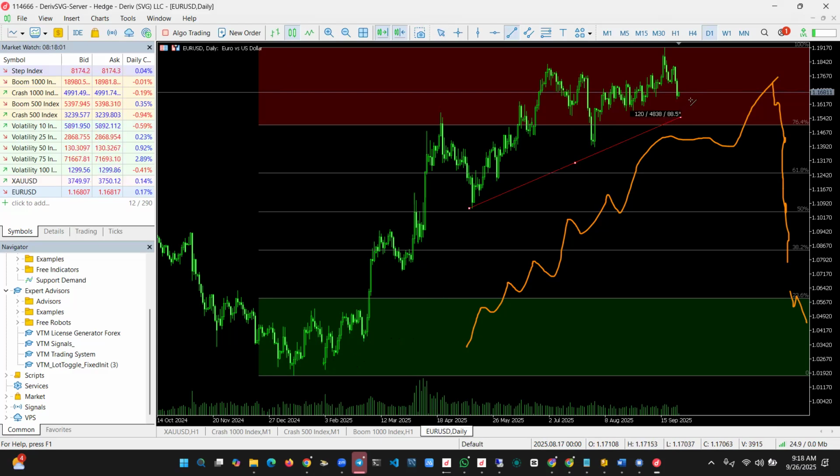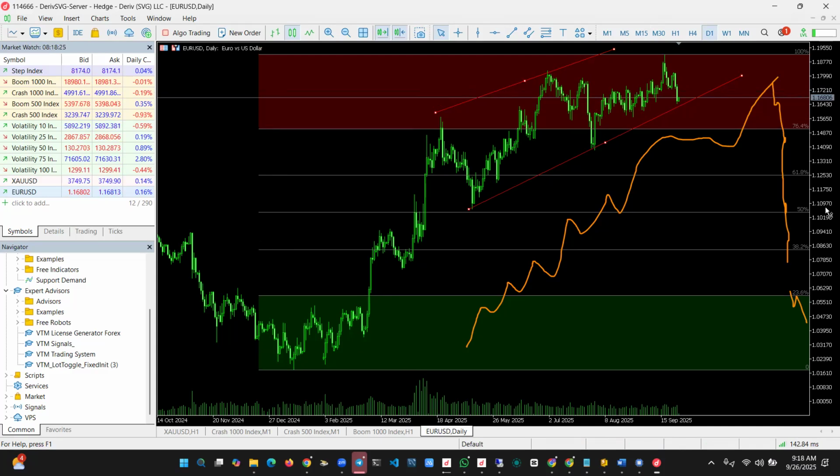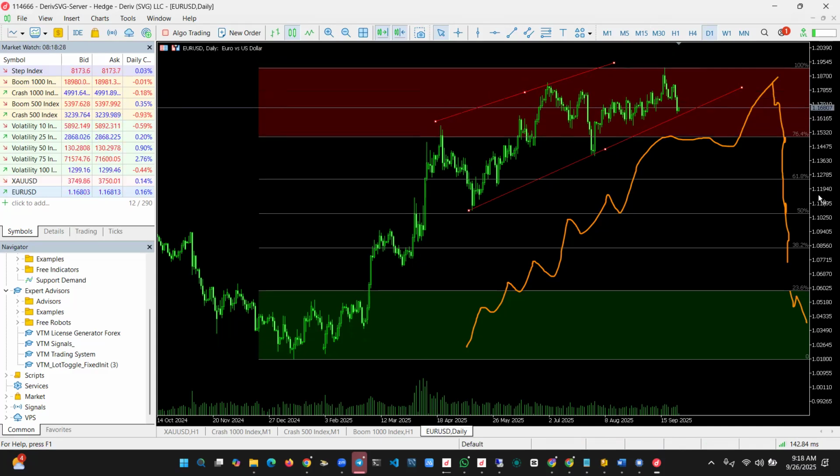Note that while drawing your trend line, it should extend beyond the current market price. Okay, this is my lower trend line. This is my upper trend line, right?